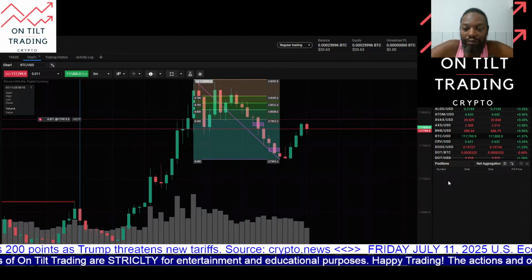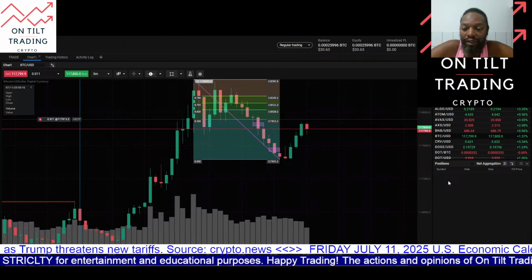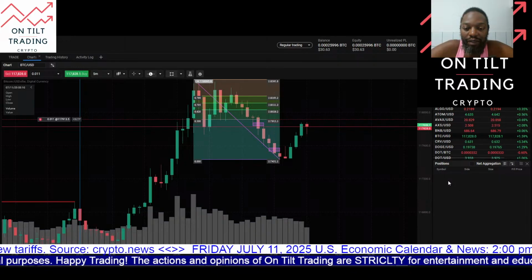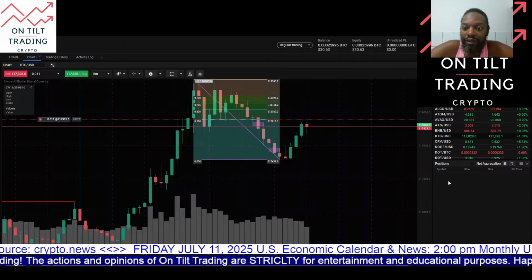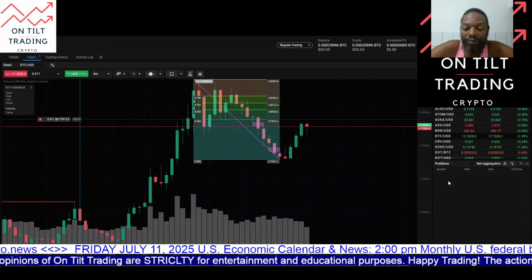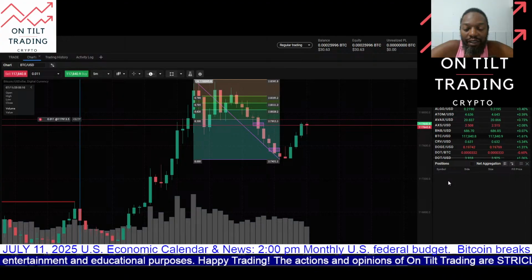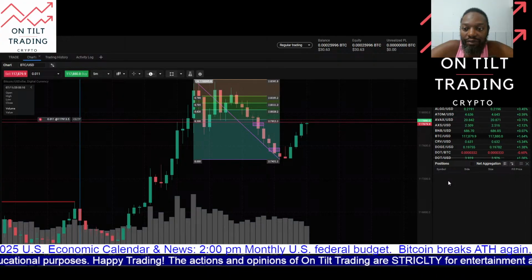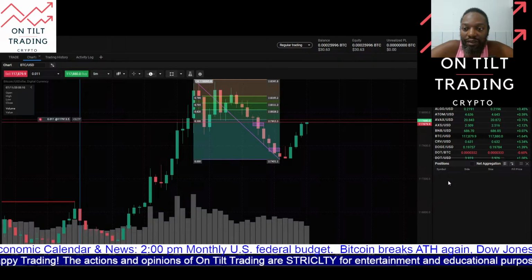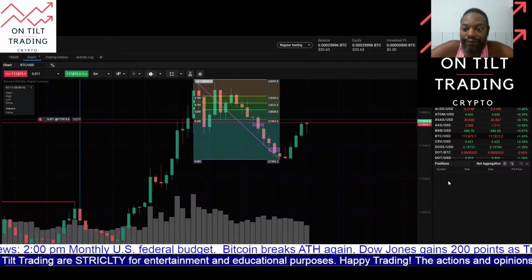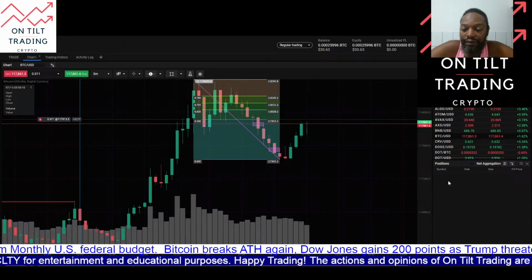So this could just be a pullback from the buy side delivery into the fair value gap, which would be showing the price delivery to the buy side at the very least slowing down now at 117,880. Consolidating here.